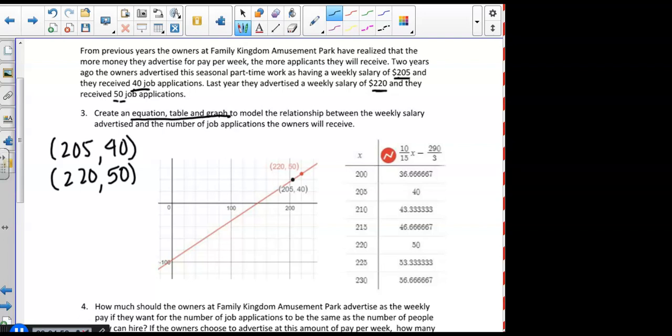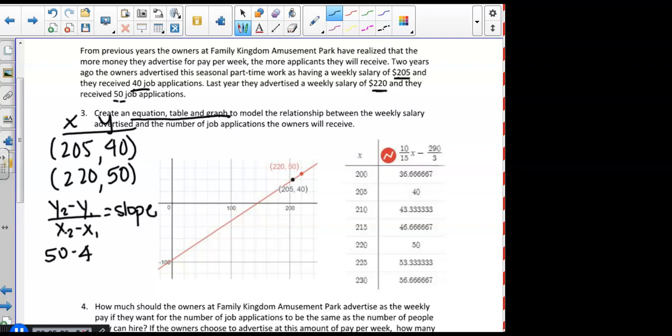Since we know two variables, we have an input and we have an output, we can figure out what the rate of change, or the slope, is given these 2 points. So this will be my x and my y values. Recall the slope formula, y sub 2 minus y sub 1 divided by x sub 2 minus x sub 1, from Math 1. So let's plug in our values.